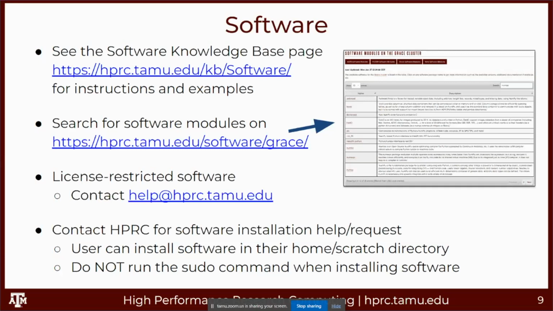If you do need to use sudo and you have no other workaround to install that software, you can ask the HPRC staff to install that software for you. That typically might take a bit of time, but we can get that done or help you look for alternatives.